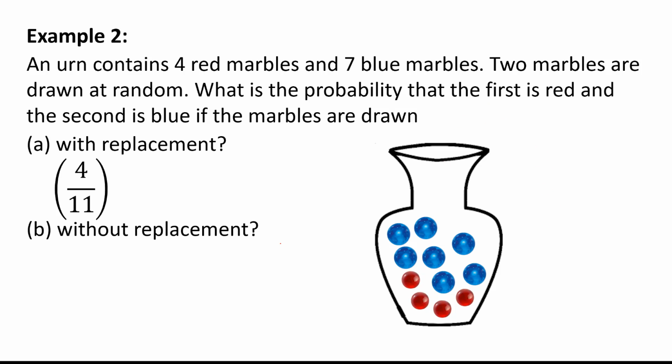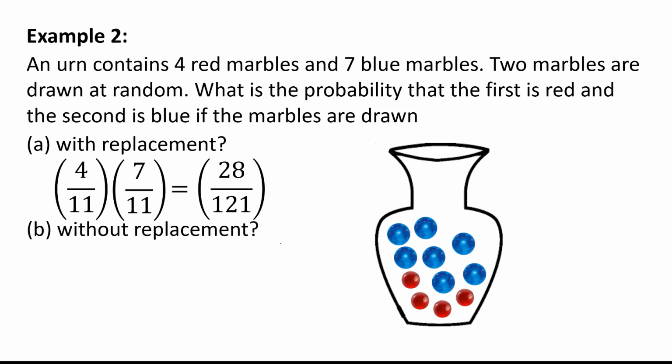Now the probability that the second marble is blue is going to be 7/11 because there are 11 marbles in the jar and 7 of them are blue. And so that probability is the product of the 2 events: you drew a red first time, blue second time, multiply it. That's going to be 28/121.